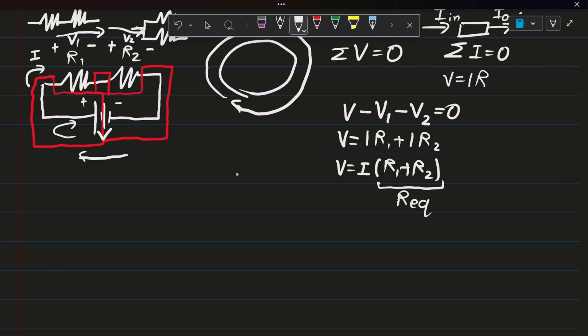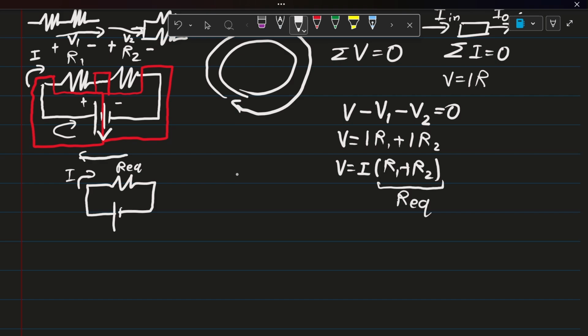So you could draw something like this, in which you have only one resistor. You call this R EQ, and there's current going through here. This works the same way. You can evaluate the circuit just by summing up the resistors, as if you combined them into one.